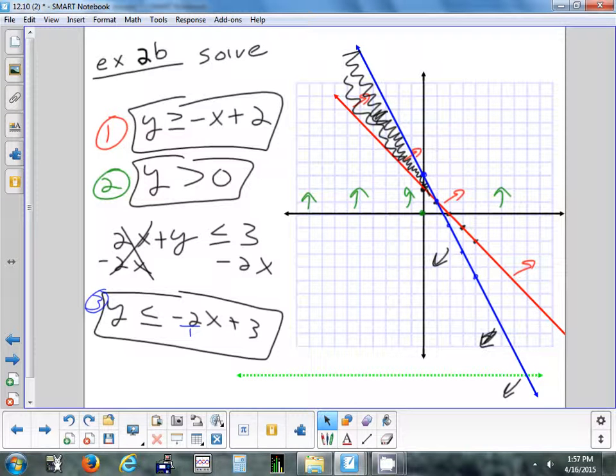Above the red, below the blue, it would still be the same answer. So this time that third line didn't even matter. It was like an extra line. I thought maybe as we were going through this, we might end up shading inside this little area, but that wouldn't be above the red. That'd be below the red in that area.